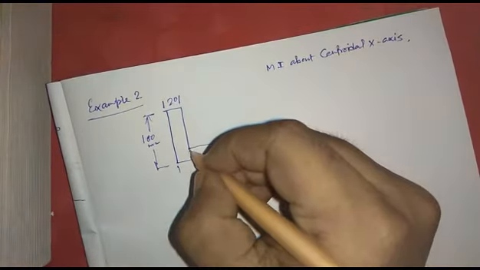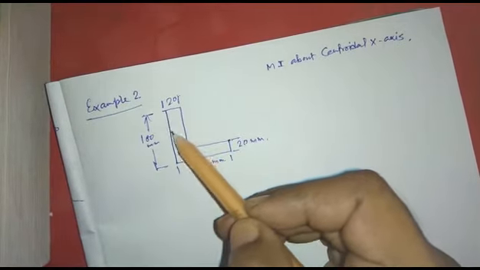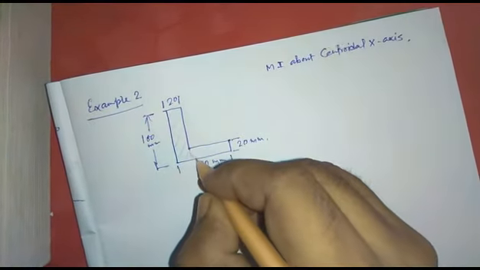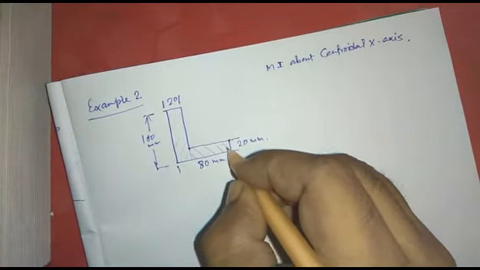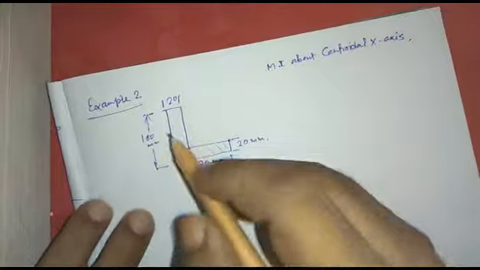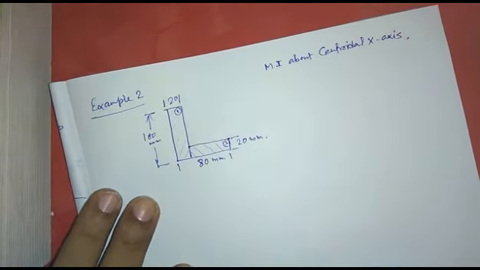So we can divide this into two rectangles, rectangle 1 and rectangle 2. This is the margin, okay, imaginary margin. So this is rectangle 1 and this is rectangle 2.